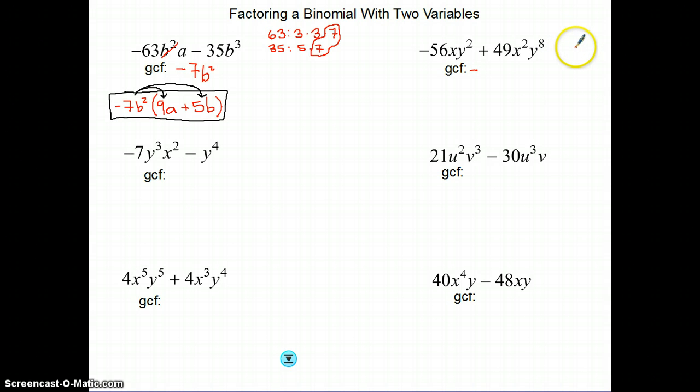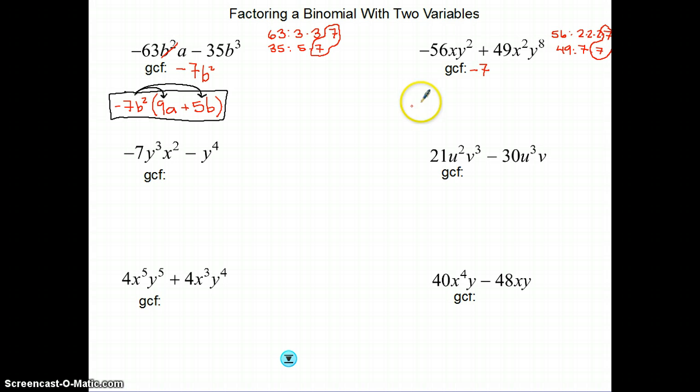My greatest common factor might be a little bit easier to find if I actually factor down each of my numbers. 56 is going to be 2 times 2 times 2 times 7, and 49 is simply 7 times 7. Again, the only thing that these two have in common, just like before, is only a single 7. So I'm going to take out a 7 with that negative.